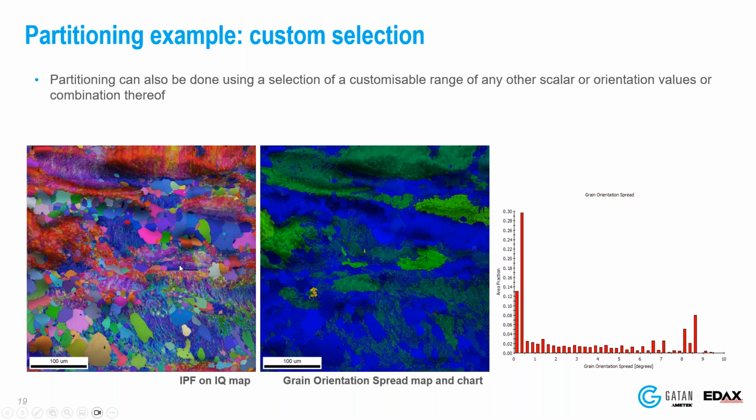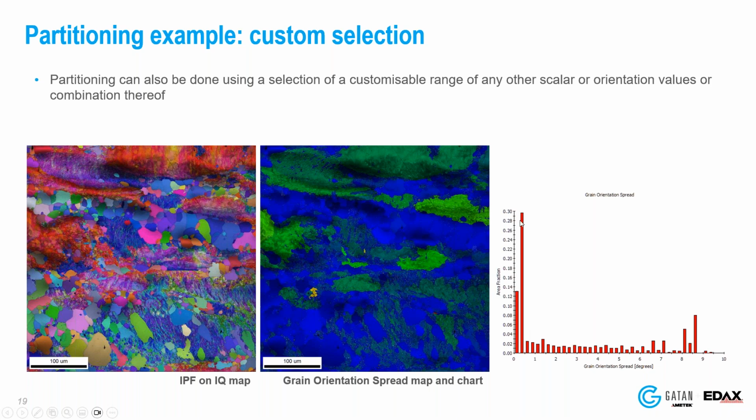But here, for example, I have a partially recrystallized steel, and I would like to separate the recrystallized grains from the deformed ones. One parameter that you can use for that is the grain orientation spread. That's the overall gradient of orientations in a grain. A recrystallized grain has very small spread, a deformed grain has a large spread.